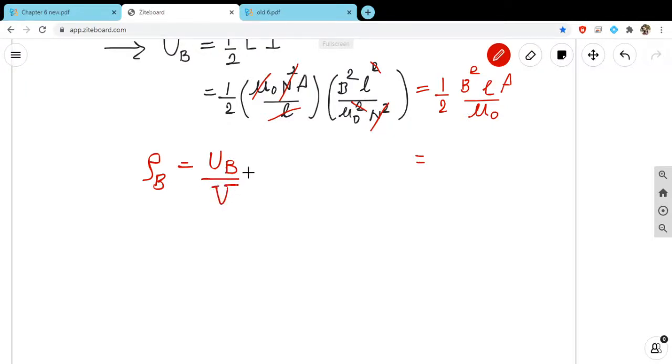So energy of the solenoid, this one, half B square L A by mu naught, is the equation of UB by volume V, the volume of the solenoid, that is area into length.